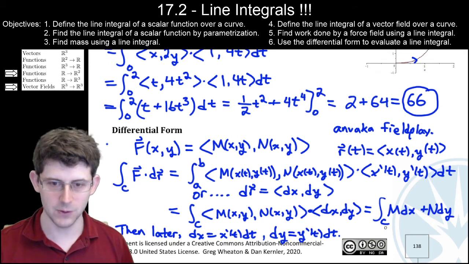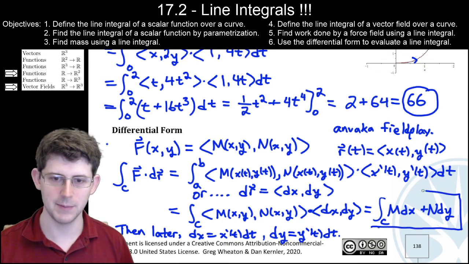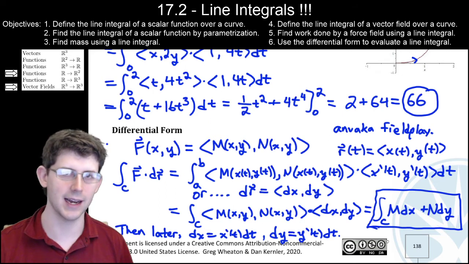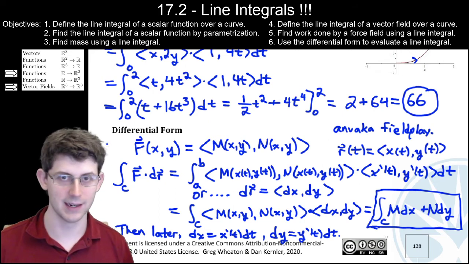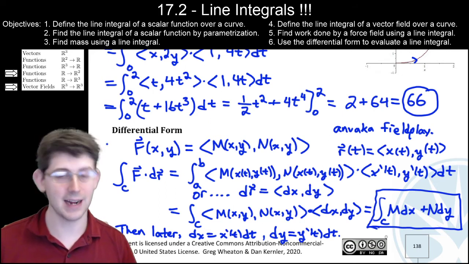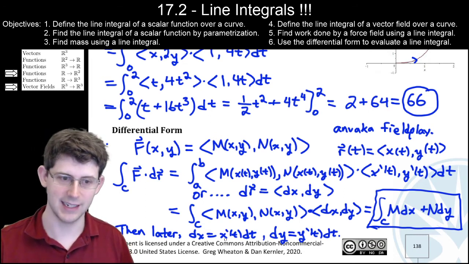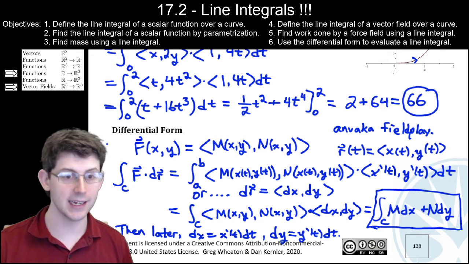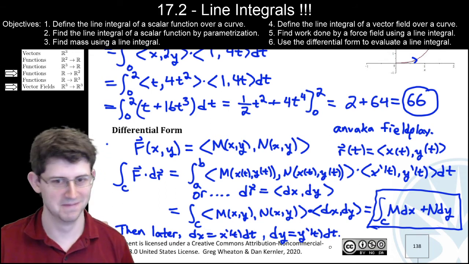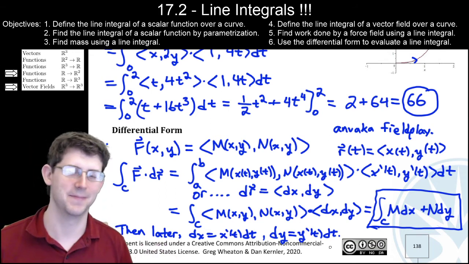It's more that if you run into this notation someday with a dx and a dy, you should not be worried about it, because you can always turn everything into t later if you need to. dx is dx/dt dt, and dy is dy/dt dt. So it's fine.